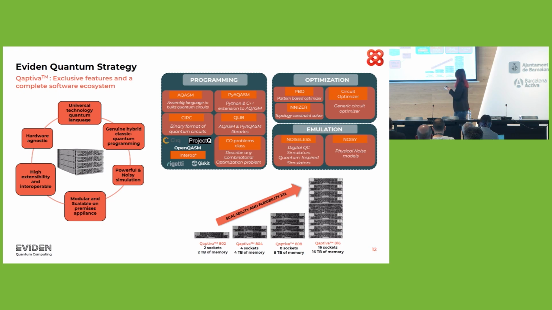The scalability and flexibility in our device means it can be expanded over time with new sockets without losing the initial investment. As shown in this graph, you can start with a Qaptiva 802 with 16 qubits, and reach a Qaptiva 816 with 41 qubits.